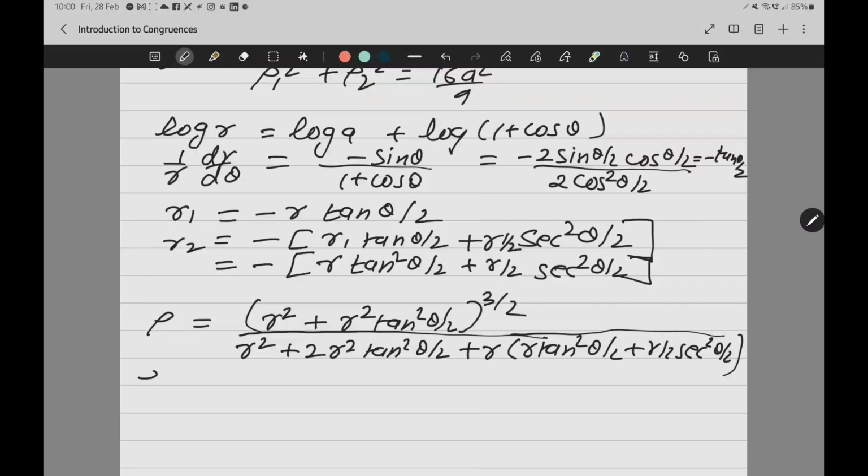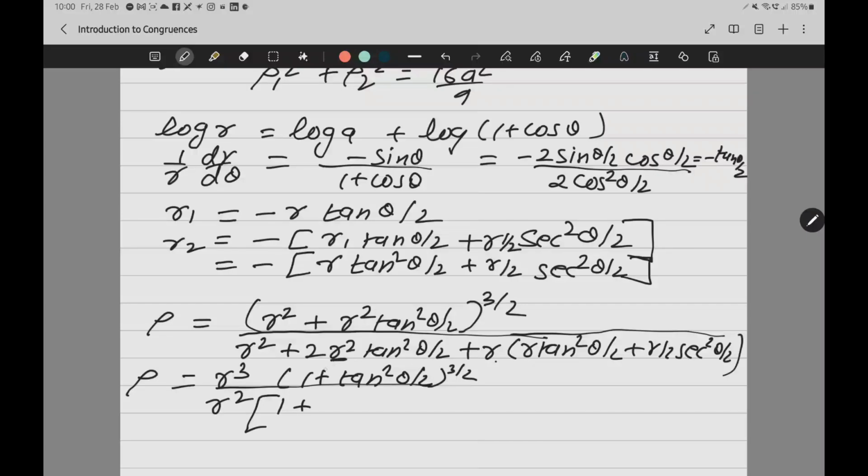Okay. Now rho is equal to R square as usual coming out. Square and 1 by 2 cancel. R cube 1 plus tan square theta by 2 power 3 by 2. Denominator take R square common. What is left? 1 plus, now I am writing it directly. See, R square gone from here.